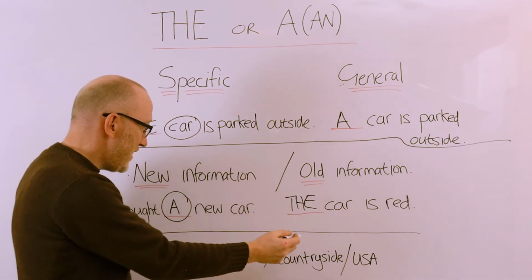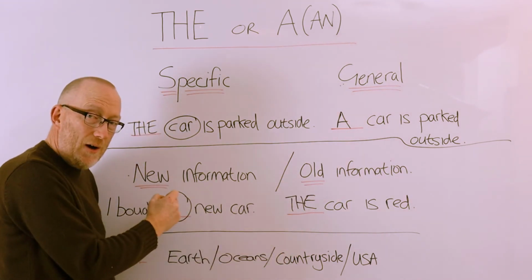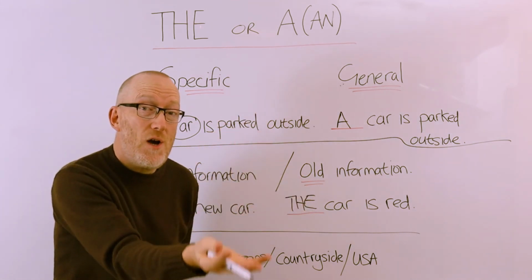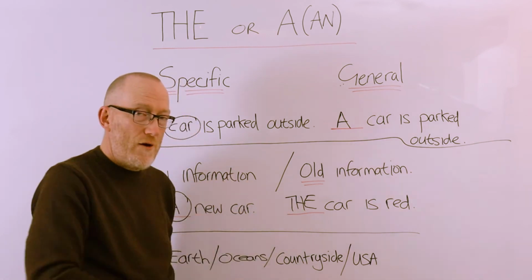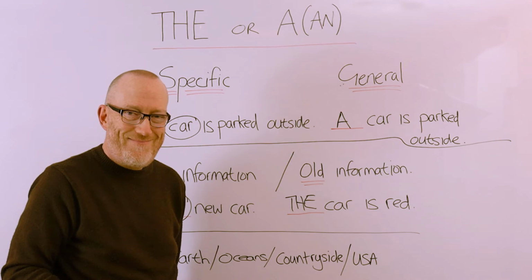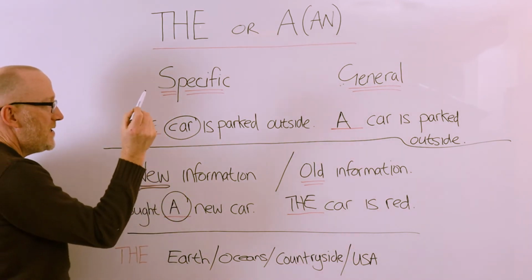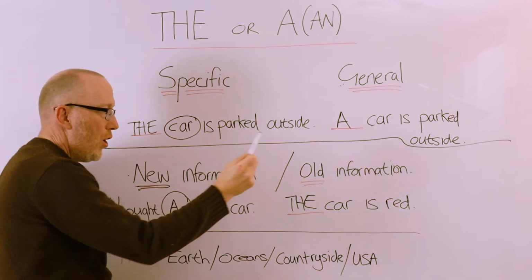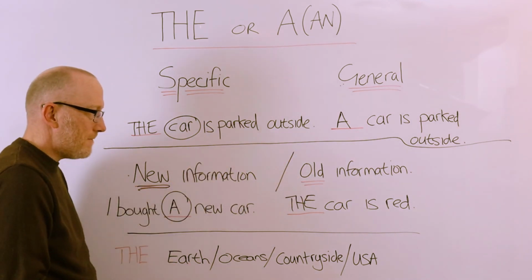Because this is old information. I told you I bought a new car, new information, but now that information becomes old. So we refer back to the. The car is red. Yeah? So, specific or general, new information or old information.